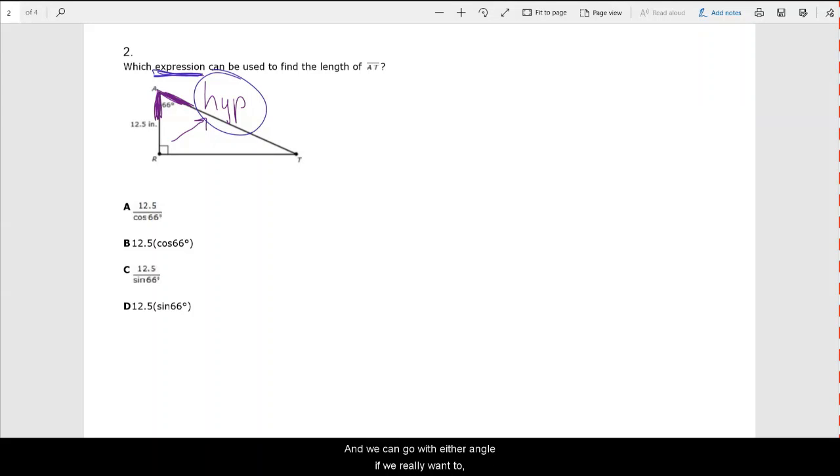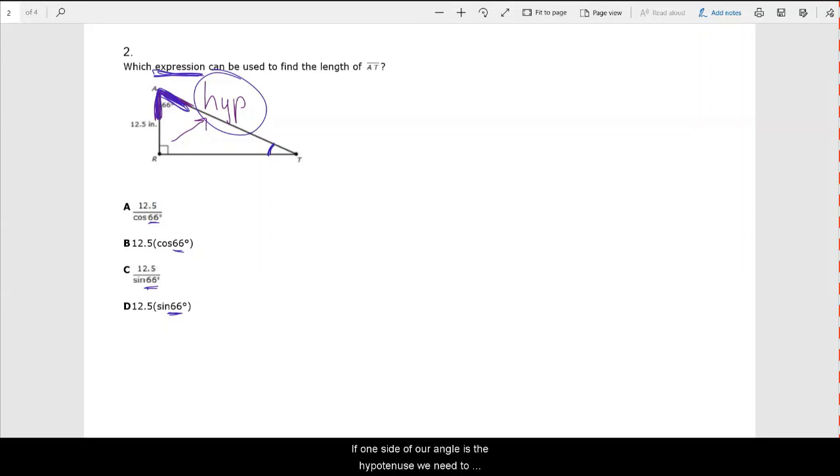And we can go with either angle if we really want to. But again, look at our answer choices. They care about the 66-degree angle, not the other angle, which we could figure out mathematically if we wanted to. So we have the 66-degree angle, which is angle A, as I labeled earlier, which means we have our hypotenuse.